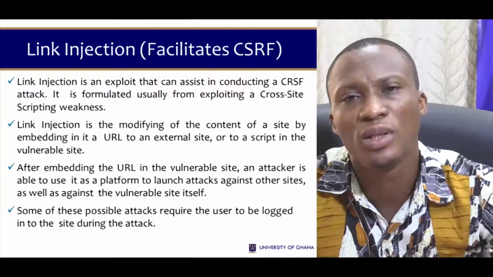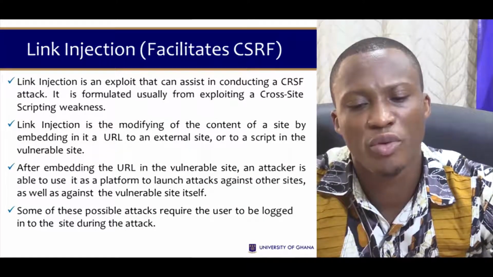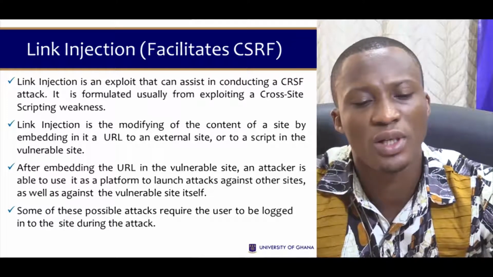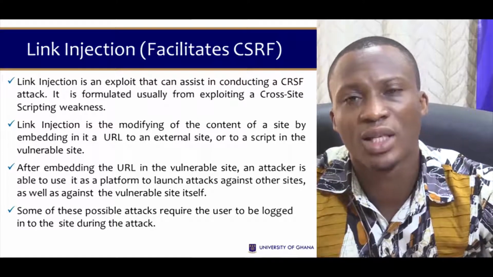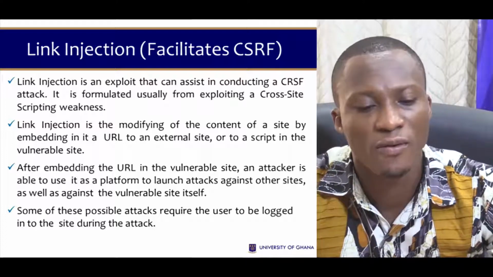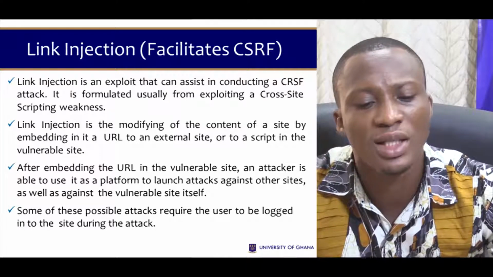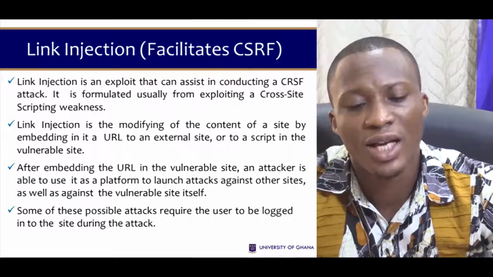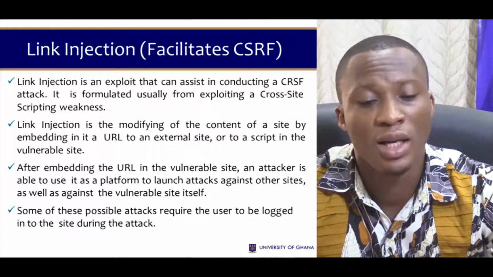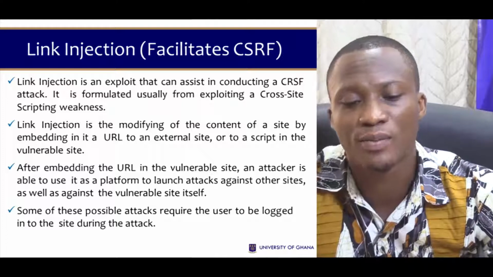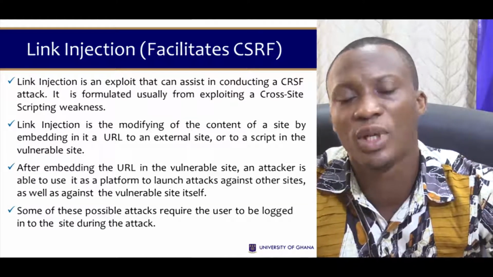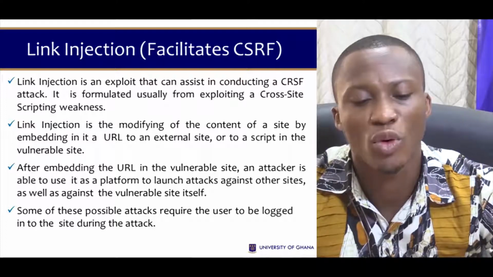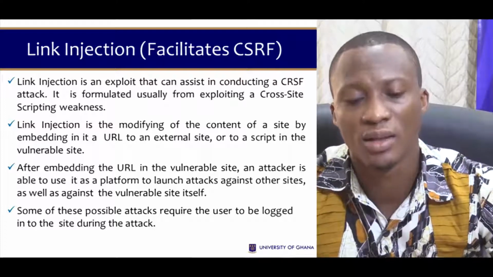Another topic related to cross-site request forgery is what is known as link injection, and this facilitates cross-site request forgery. Now, link injection is an exploit that can assist in conducting cross-site request forgery, and this is formulated using the cross-site scripting weakness.